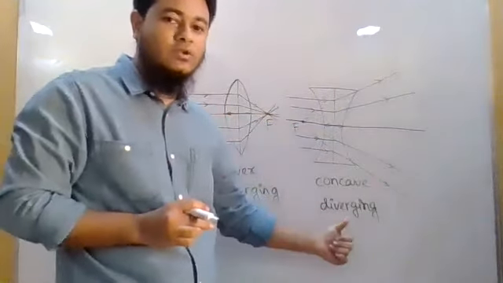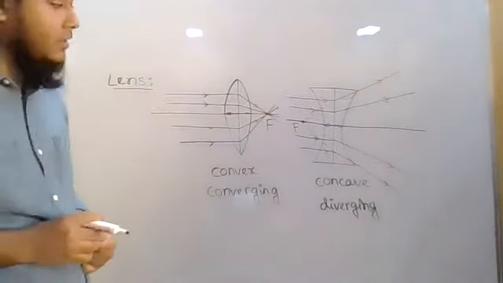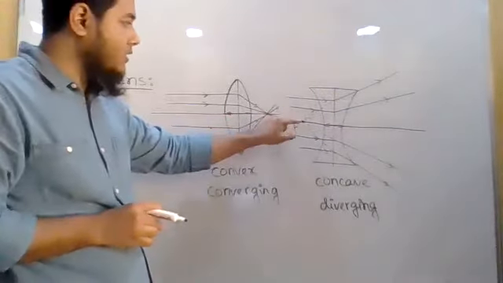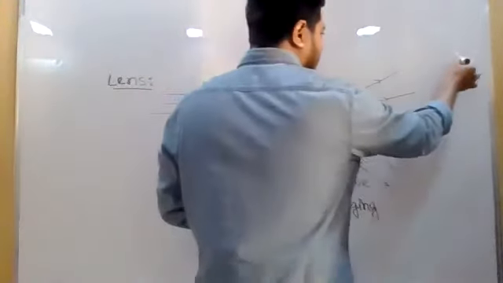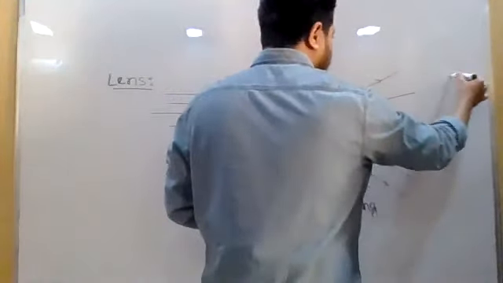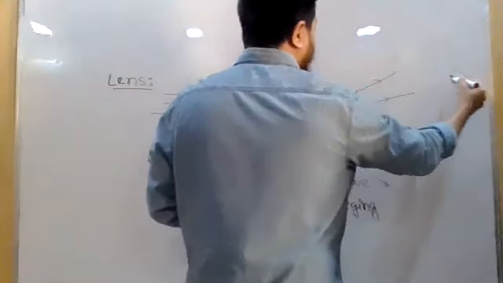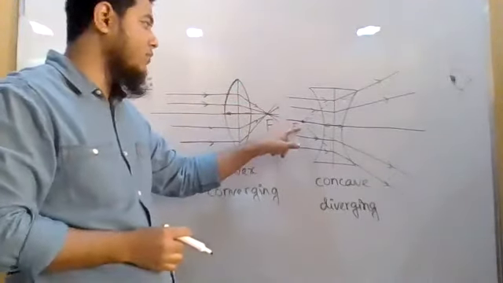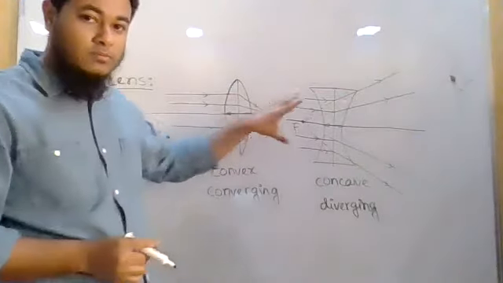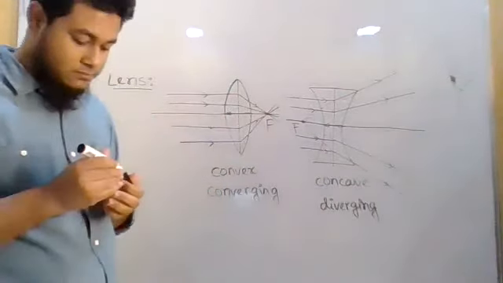That is why it is also called a diverging lens. And when you extend them backward, they meet at a point. So whoever is watching the rays from here, let us say somebody is observing, this is the eye of someone, he will feel like the light rays are actually coming from point A, not from infinity.